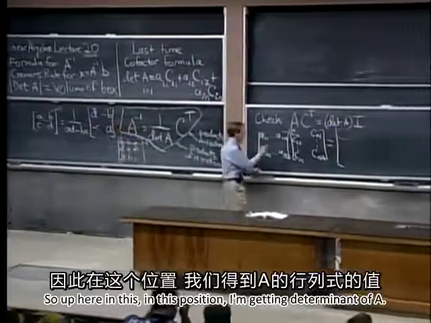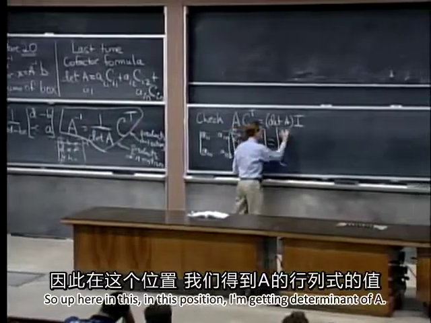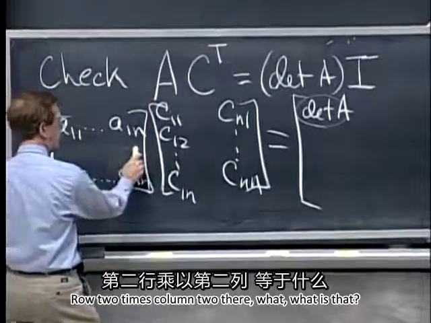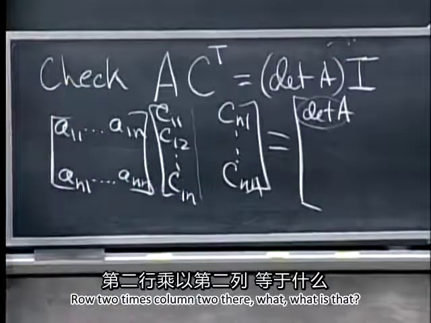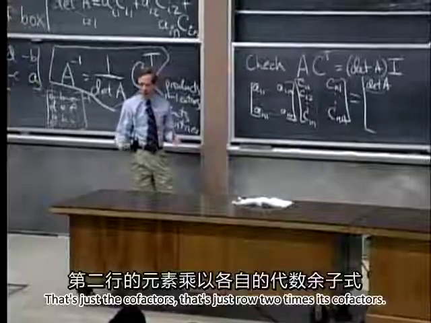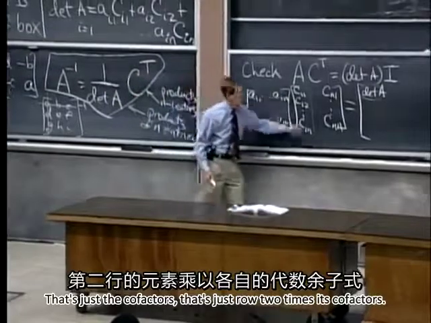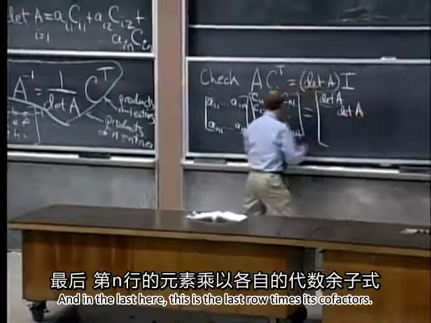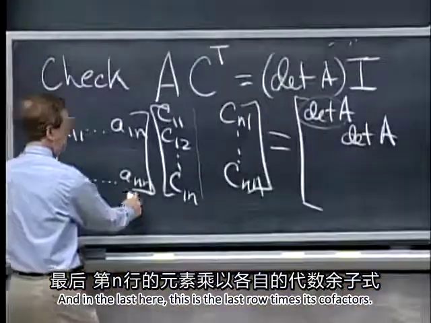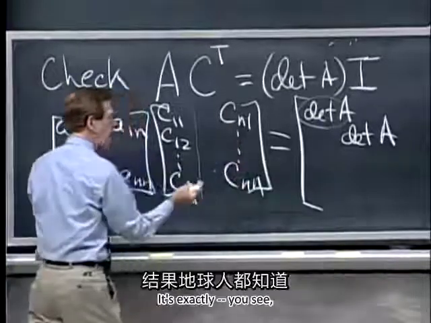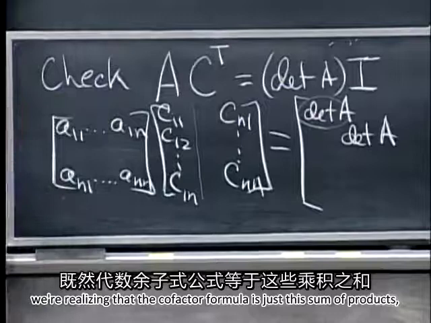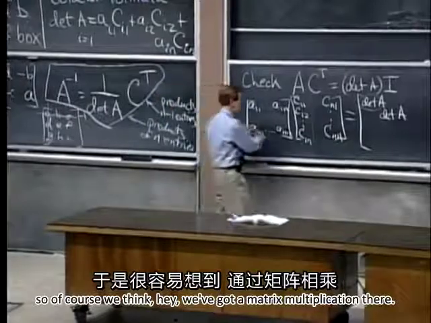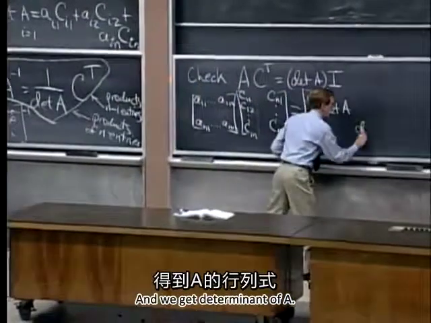So up here, in this position, I'm getting the determinant of A. What about in the 2,2 position? Row 2 times column 2 there is just row 2 times its cofactors. So, of course, I get the determinant again. And the last row times its cofactors gives the determinant too. We're realizing that the cofactor formula is just this sum of products, so we've got a matrix multiplication there, and we get the determinant of A.